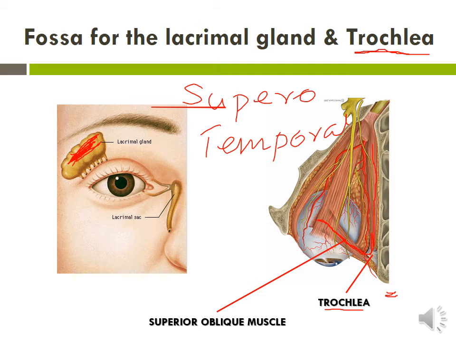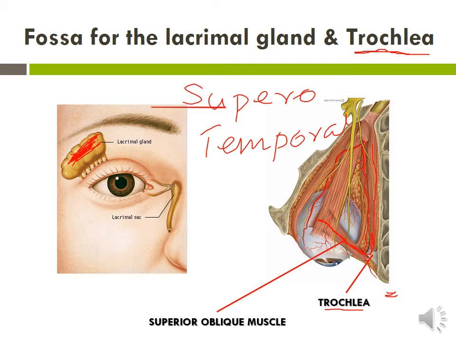We learned that it is the frontal bone and the lesser wing of the sphenoid, and it has the lacrimal gland as well as the trochlea. So the trochlea is nothing but the pulley through which the superior oblique muscle passes, which is located at the superior nasal portion of the orbit, and the lacrimal gland is located at the superior temporal portion of the orbit.